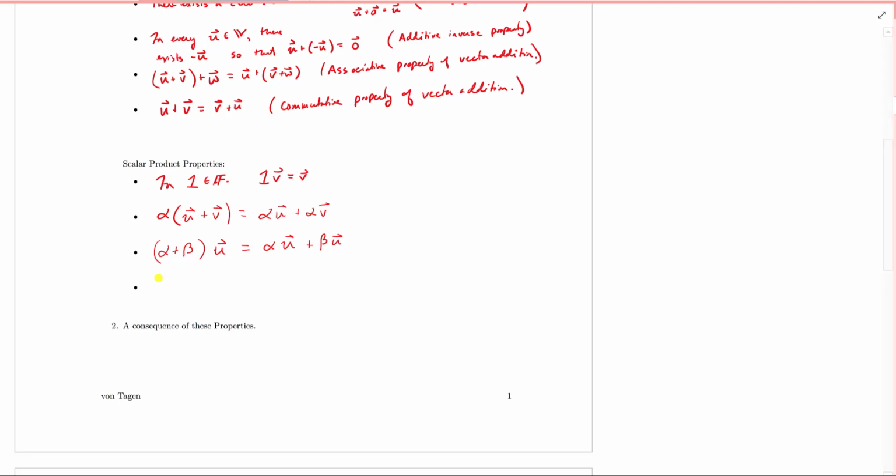And the last one is an associative property. If I have alpha times beta times vector u, that's the same thing as taking alpha times beta times vector u. Okay. So this is an identity property of scalar multiplication. Sorry, this is the identity property of scalar multiplication.